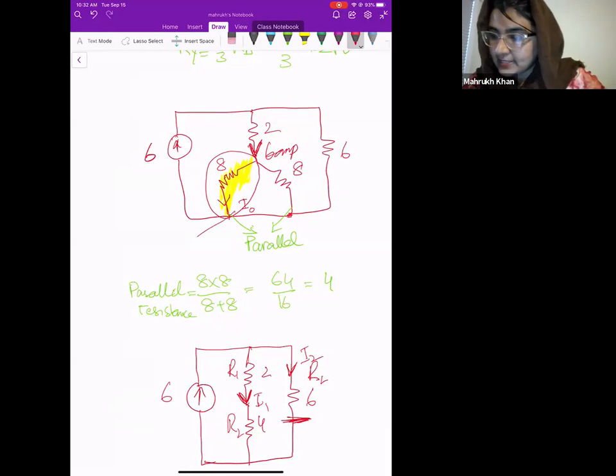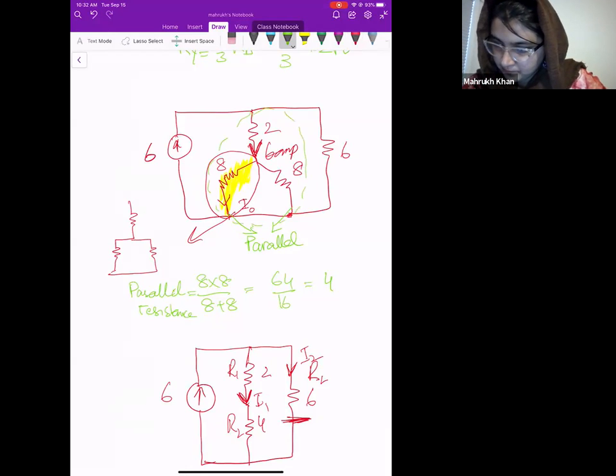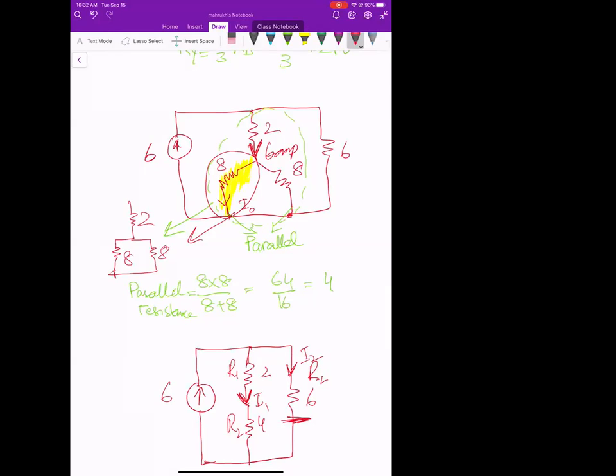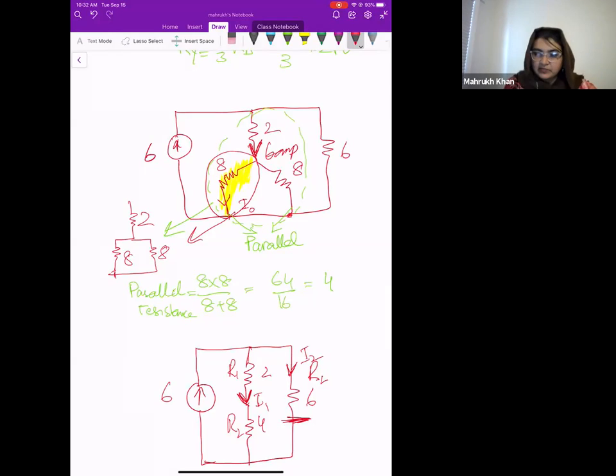Do you think the 6 amp is dividing? Can I write this as this? Yeah. So this 6 amp is dividing in these two branches, right?